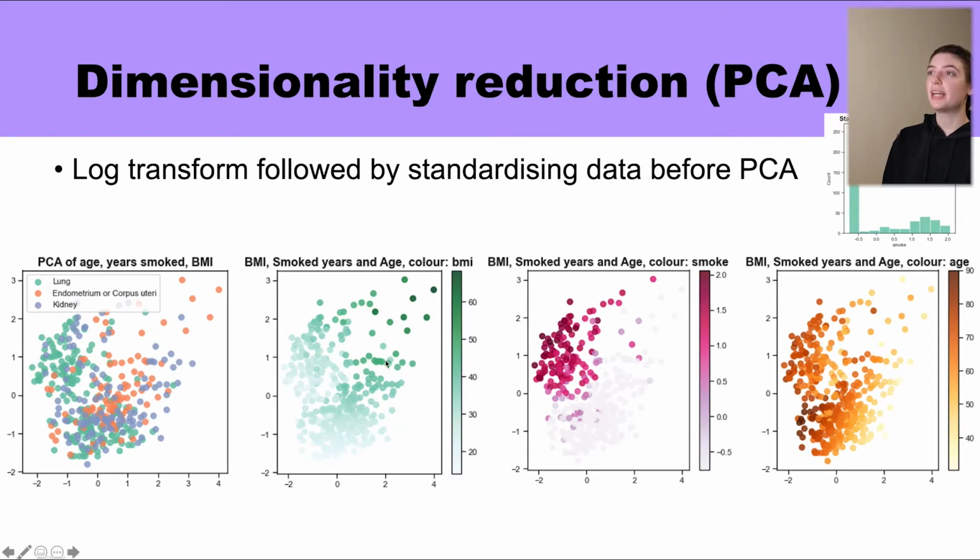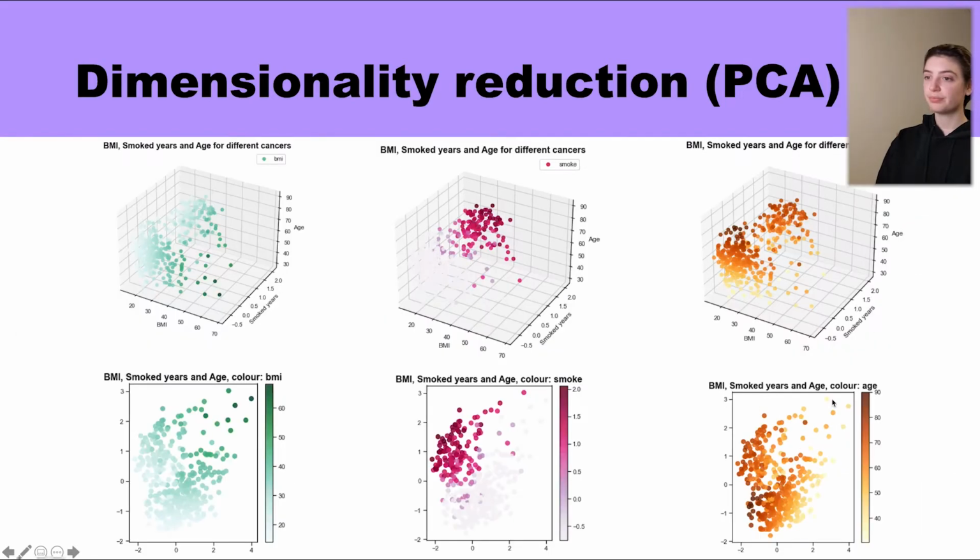So we've got BMI captured, we've got years smoked, and also our age. We can also compare this to the 3D plot of our BMI. Now we've got our normalized years smoked and our age on the z-axis. And we can see that each of them corresponds to what we see in the PCA. So it looks as though it's captured a lot of the information.